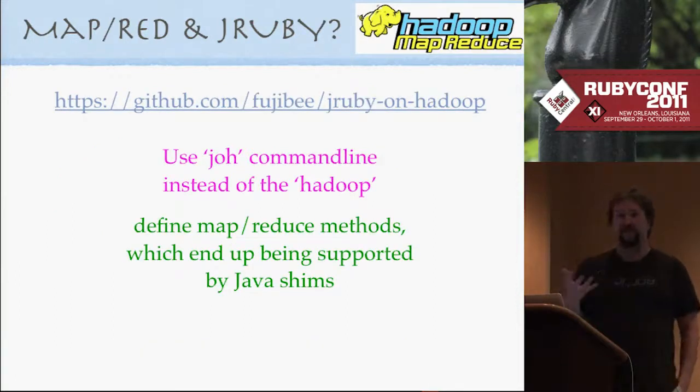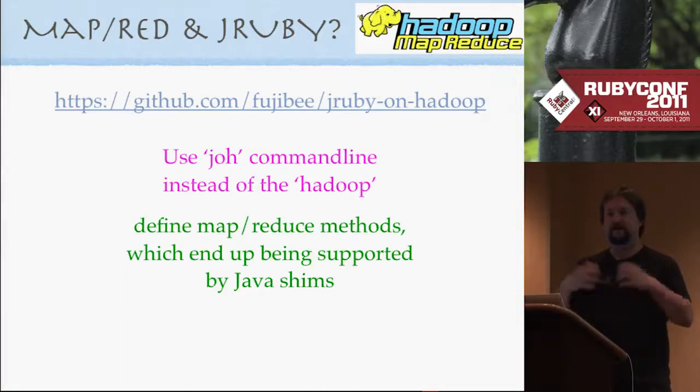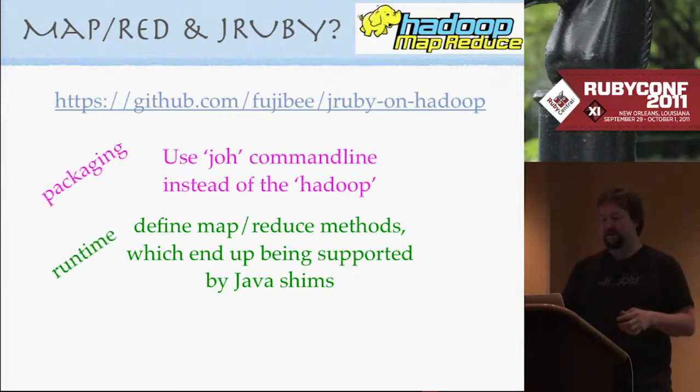Then we talk about JRuby on Hadoop. This basically follows the exact same approach. You have JOH instead of the Hadoop command line. Instead of inheriting classes, you just define methods in, say, a top-level standalone script: you define setup, define map, define reduce, that kind of thing. Those get packaged up together.